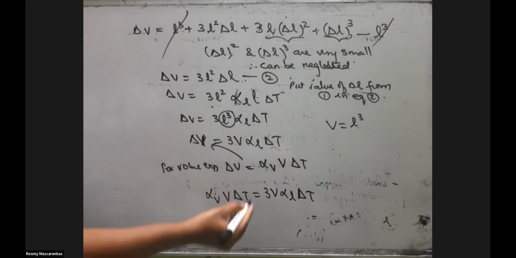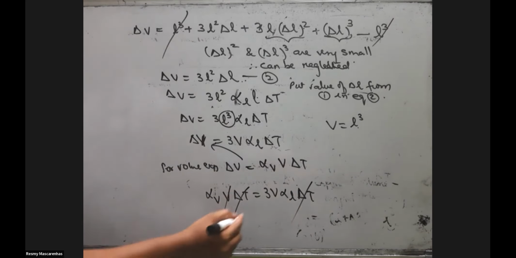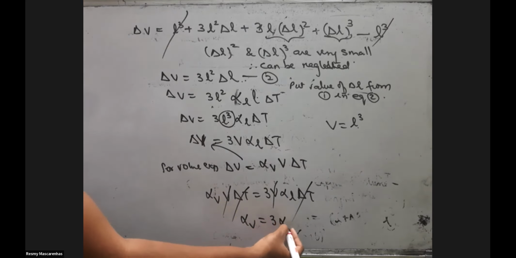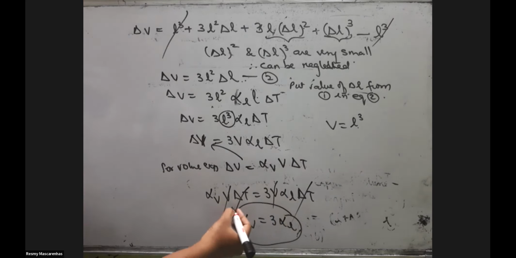So what all is going to cancel? Delta T, V and V. So alpha V is 3 times alpha L. So this is the relation. Alpha V is 3 times alpha L.